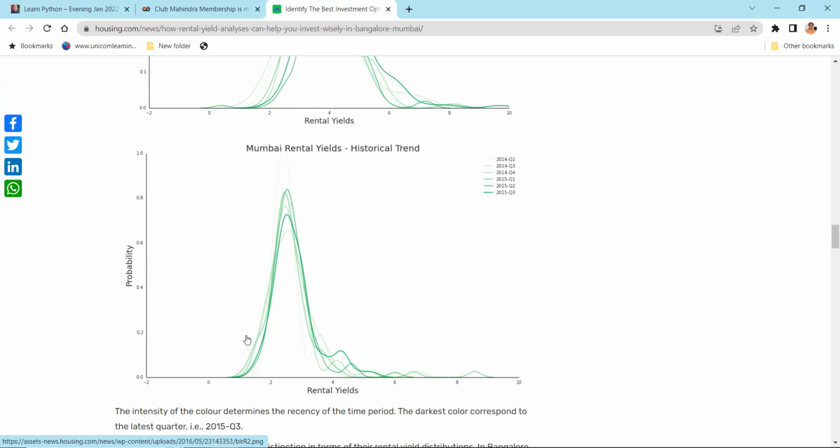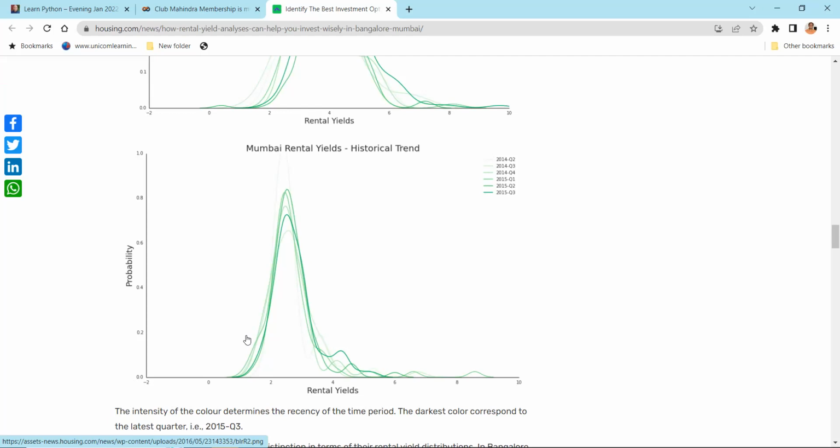In Bangalore, you need to know which area is going to give you higher yield. If you get stuck in a bad area, your investment will totally be a waste. But not in Mumbai. Wherever you buy, you will get some rental income.